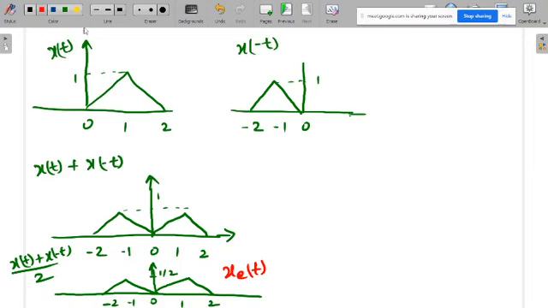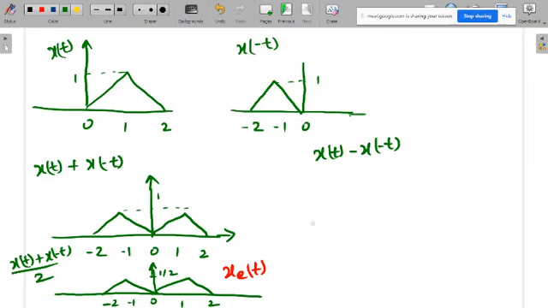Now what about the odd part? For the odd part we will calculate x of t minus x of minus t. Originally x of t is there, but for the second one we apply the minus. That means here we have to apply the amplitude reversal.